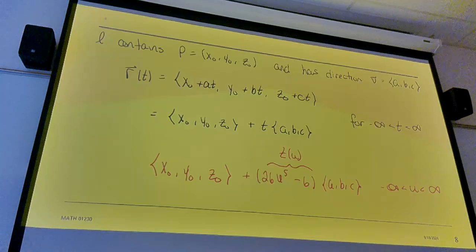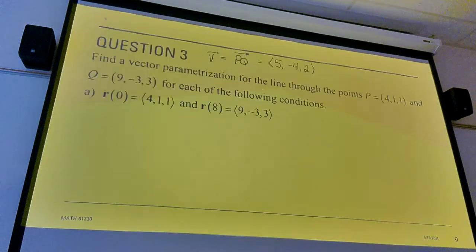And remember, that's just a dummy variable. We're going to use that to our advantage. Pick a point, P or Q.